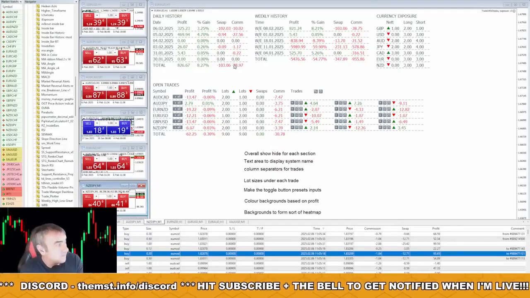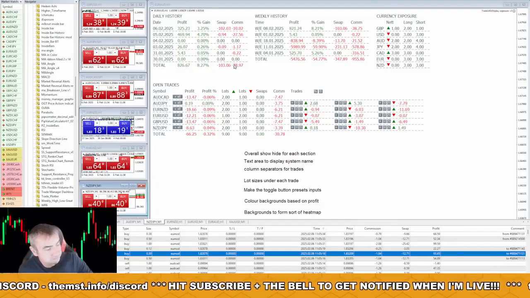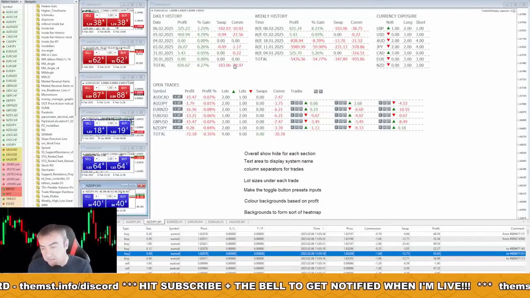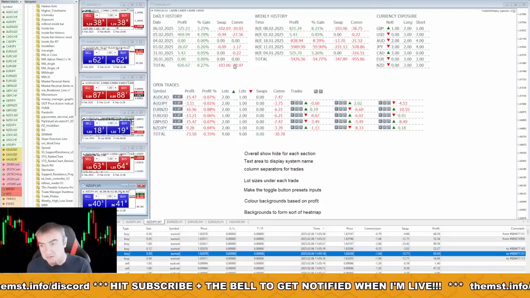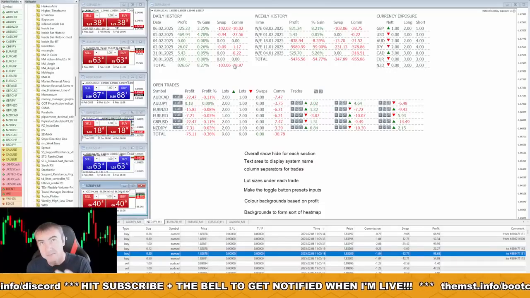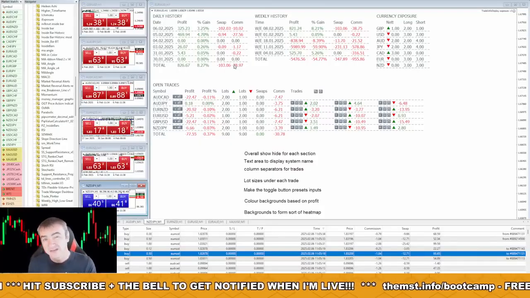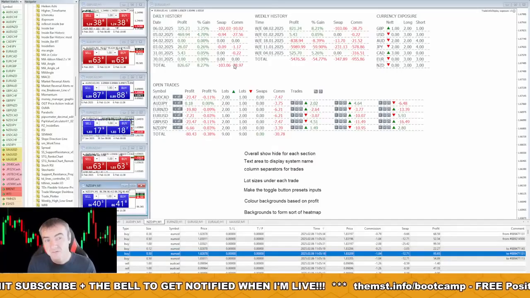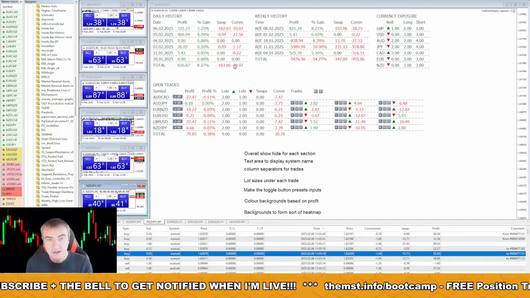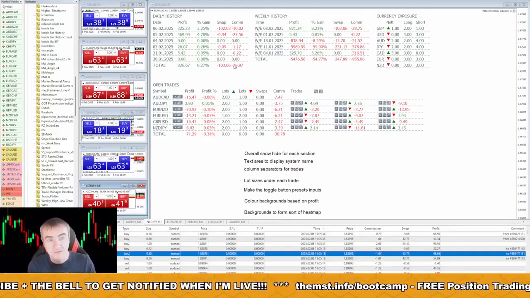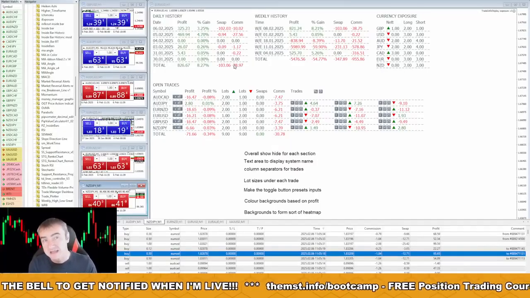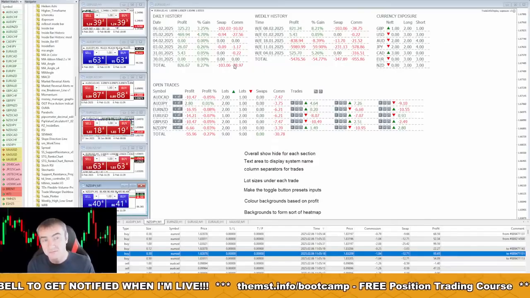My position trading career, if you like, is 6 years roughly. So bear in mind, I was only position trading for roughly a year or so before COVID.